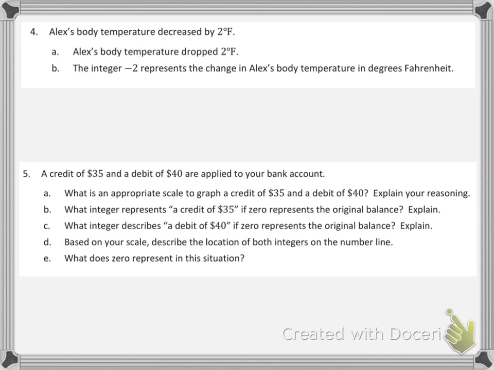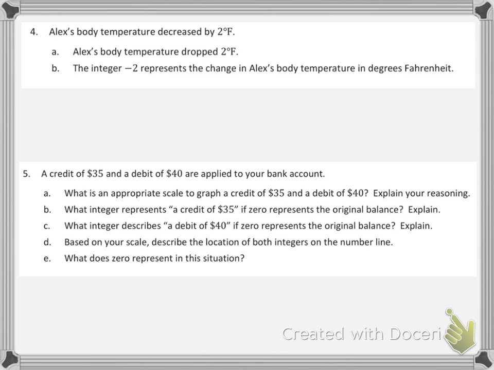All right. Moving on, number 4. Alex's body temperature decreased by 2 degrees Fahrenheit. Our choices are A, Alex's body temperature dropped 2 degrees, or B, the integer negative 2 represents the change in Alex's body temperature in degrees Fahrenheit.